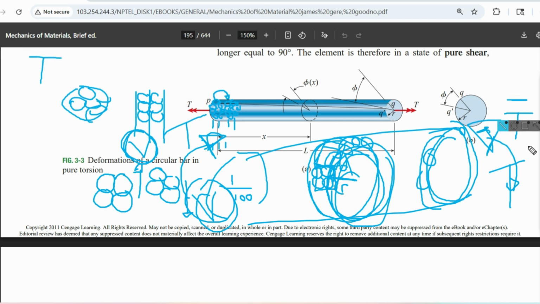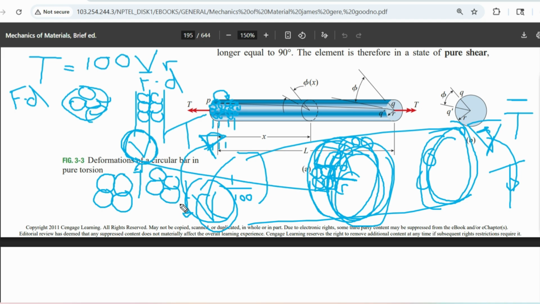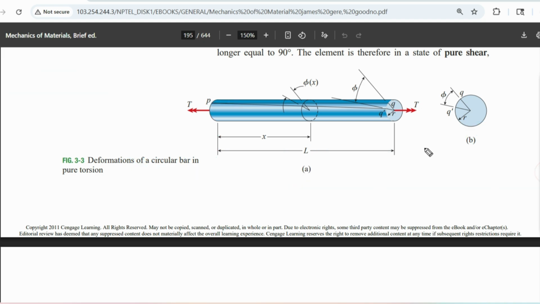So this torque right here has to be balanced by this shear force, and we're just going to call it 100 times V times this distance R. And this is a force, this is a distance, and this torque is a force and a distance. So our units are the same, and this is exactly what's happening.